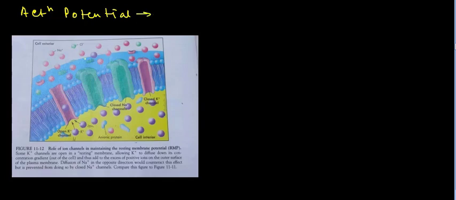A nerve impulse is the wave of electrical fluctuation that travels along the plasma membrane, or along the axon. In a neuron, the action potential, also called the nerve impulse, is typically generated only in the axon.